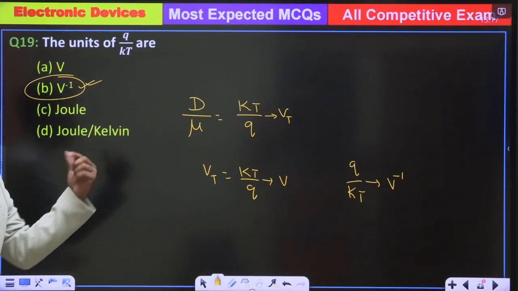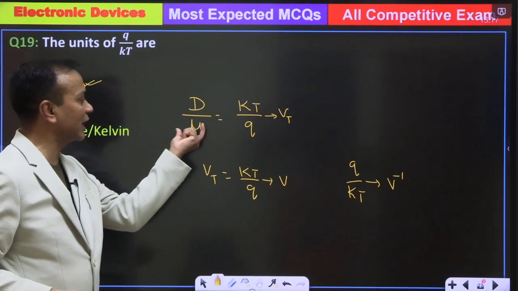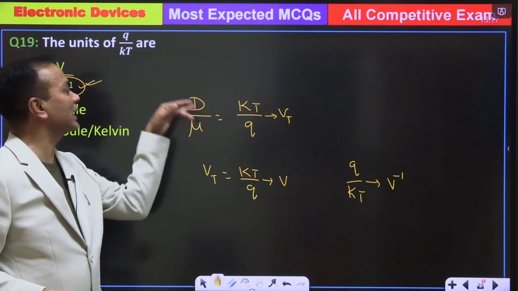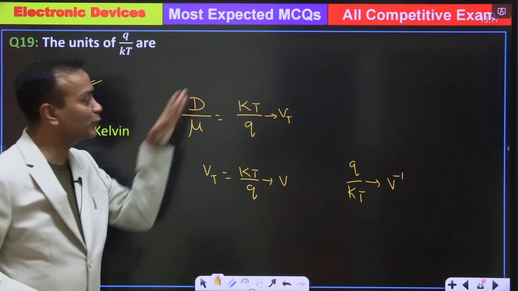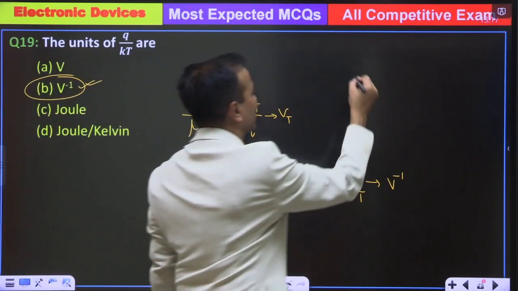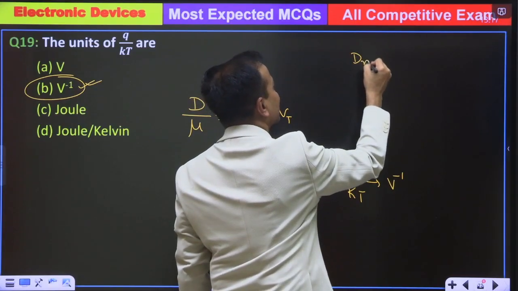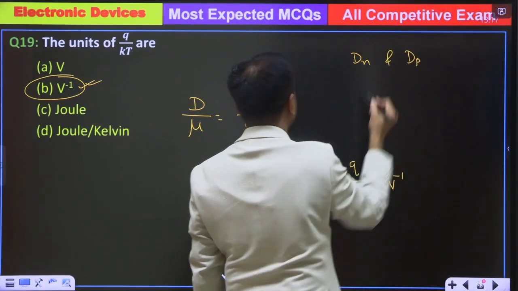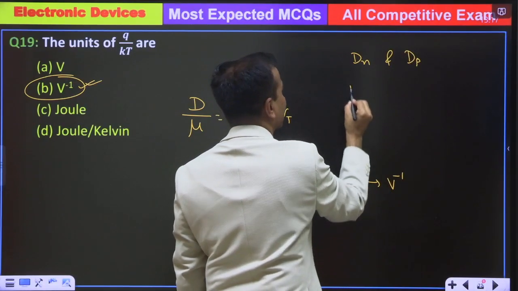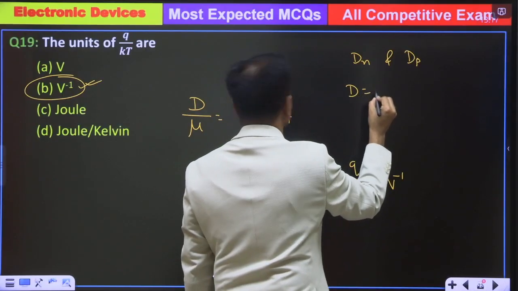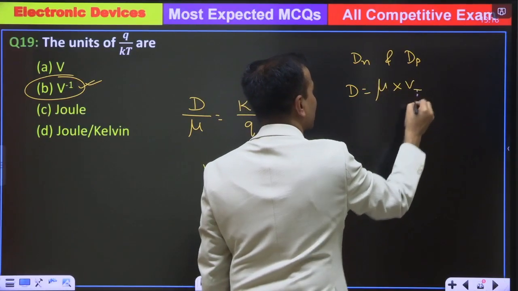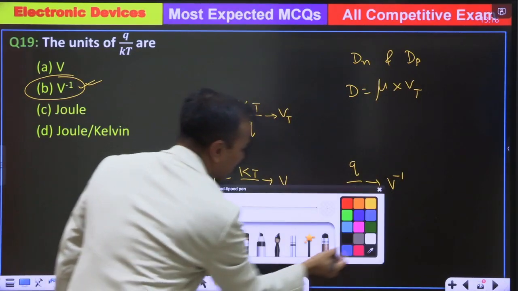Here itself I would like to give you their units, which we have already seen. The unit of the mobility we had already seen. Now here we can define the diffusion coefficient. For the electron it is denoted as Dn, for the hole it is denoted with suffix p, Dp. So we can say that D is equal to mu into Vt.